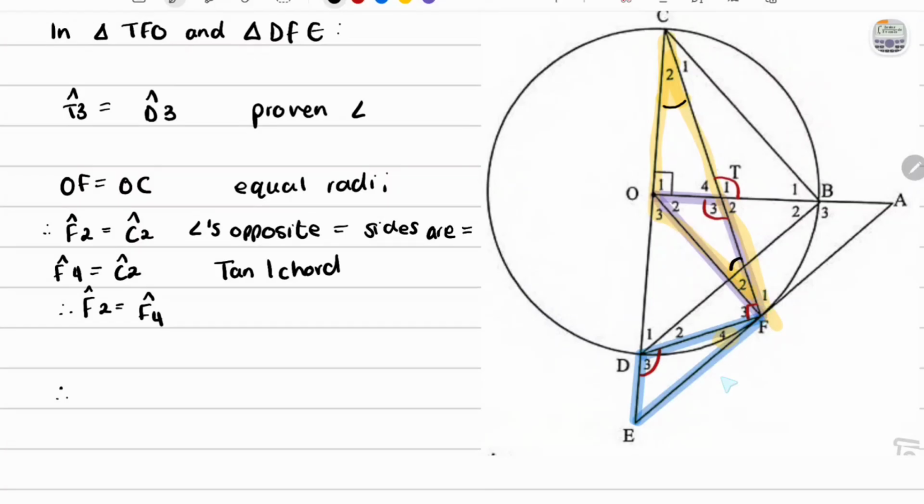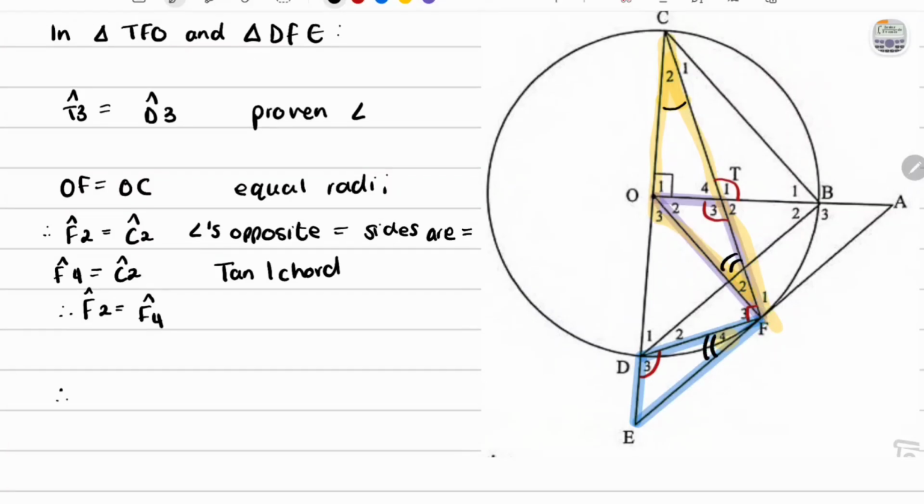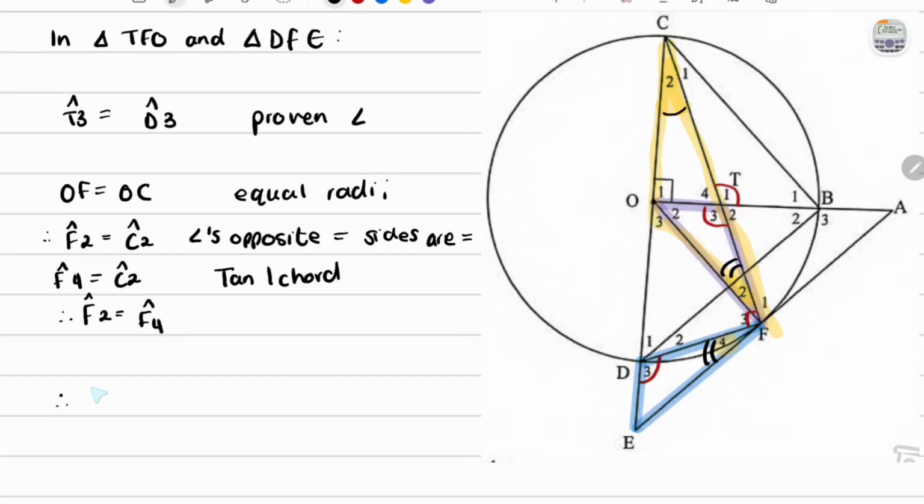So this is now equal to this, let me put a different marking, two strokes. That means that angle O2 by default should be equal to angle E, because they are each the third angle in the triangles.